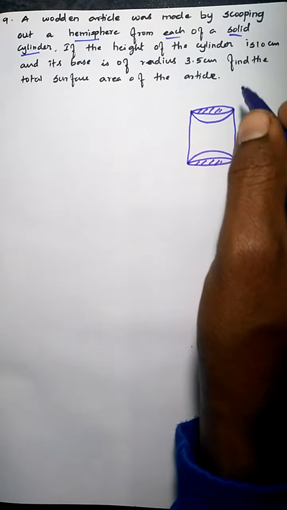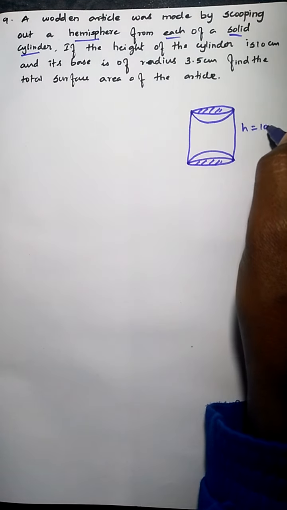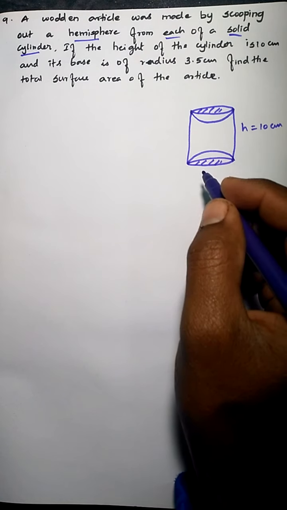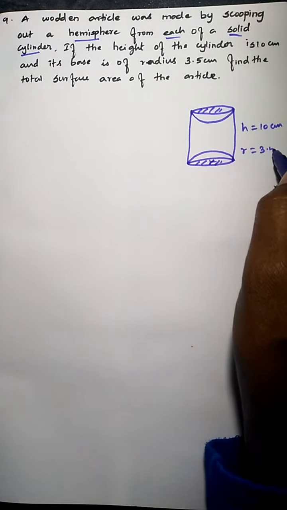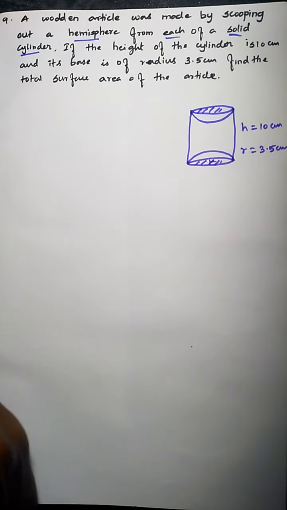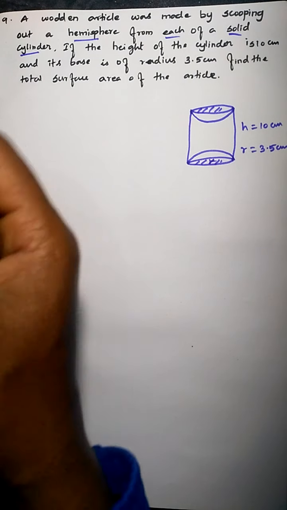If the height of the cylinder is 10 centimeter and its base radius is 3.5 centimeter, then find the total surface area of the remaining article. So let's apply.